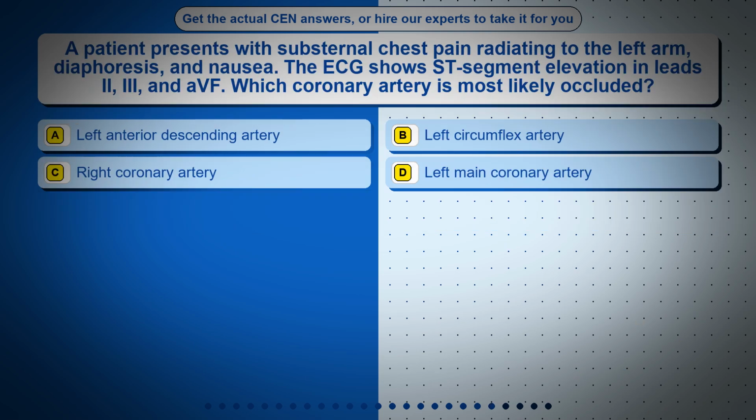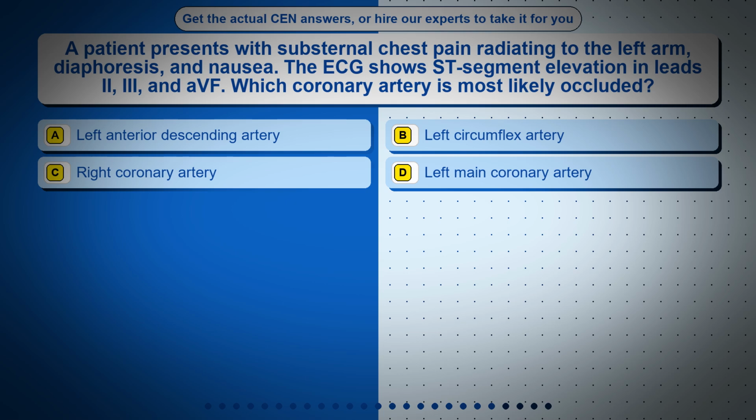Question 21. A patient presents with substernal chest pain radiating to the left arm, diaphoresis, and nausea. The ECG shows ST segment elevation in leads II, III, and aVF. Which coronary artery is most likely occluded? Option A. Left anterior descending artery. Option B. Left circumflex artery. Option C. Right coronary artery.